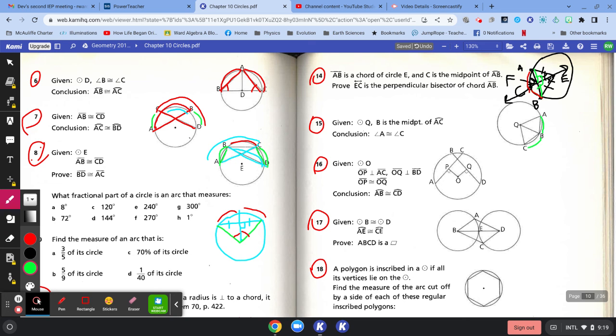All right, hopefully you have taken time to do that. I'm going to note that we have some congruent stuff we can work with. QA is congruent to QC because they're radii. And because those arcs are congruent, we can say that chord BC and chord BA are congruent.